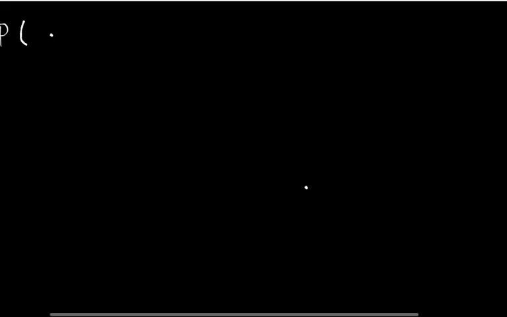Let's have it be the probability of the sum of the numbers being less than 5 and not 1.